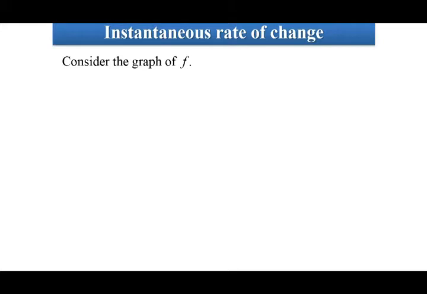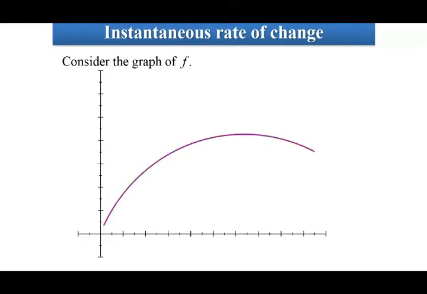So consider the graph of f. There is a curve, and there's a point here, let's say at 3. Ang coordinate niya is 3 and f of 3. Siya yung y. Hindi natin nilagay ang exact value ng y dito, so lagay natin f of 3. Then here is 3 plus delta t. Delta is a symbol that is used to show or illustrate change.